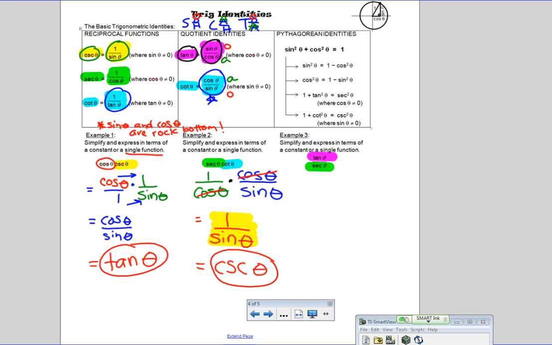All right, so tangent, I'm going to replace that with sine theta over cosine theta. Then I have a fraction bar, which means division. And then I have secant, which is 1 over cosine.